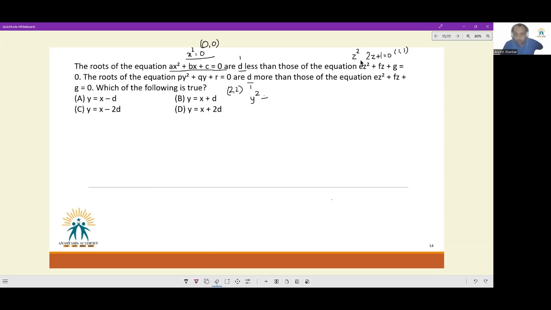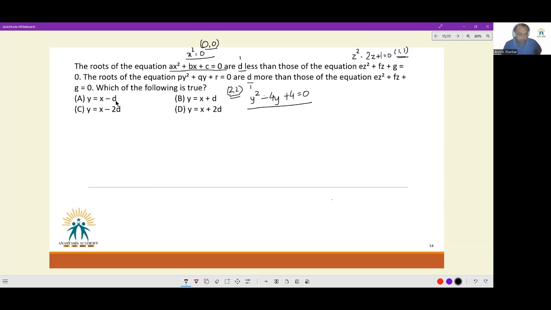I've made a terrible mistake. This will not be plus 2z. This will be minus 2z. z square minus 2z plus 1 is equal to 0, and y square minus 4y plus 4 is equal to 0. And therefore, now look, x will take two potential values 0 and 0. z will take two potential values 1 and 1. y will take two potential values 2 and 2.